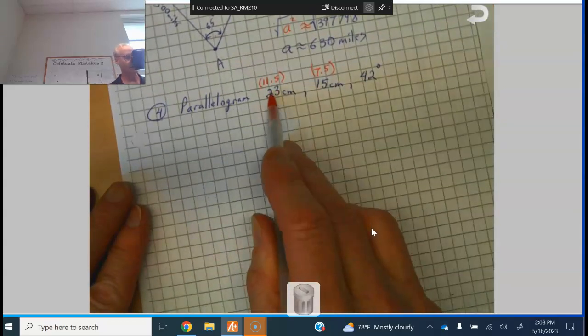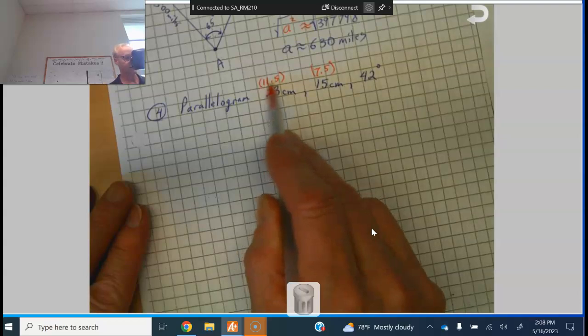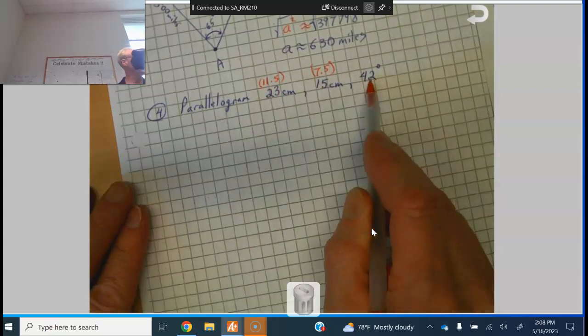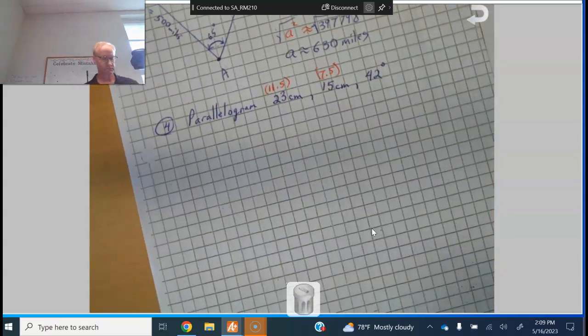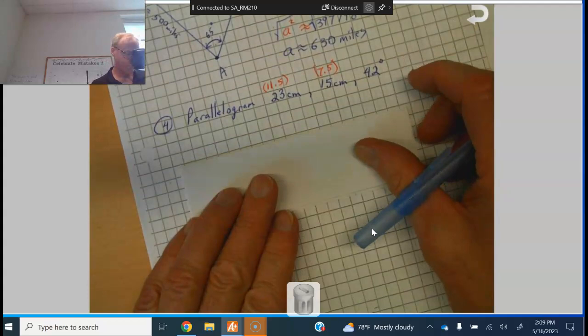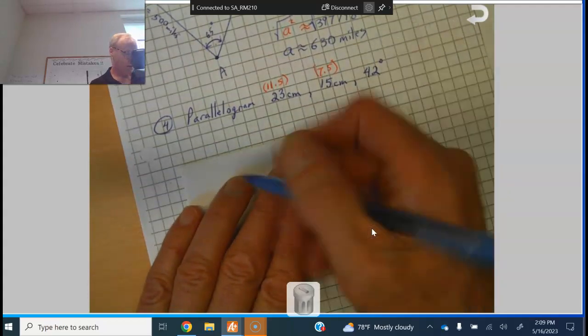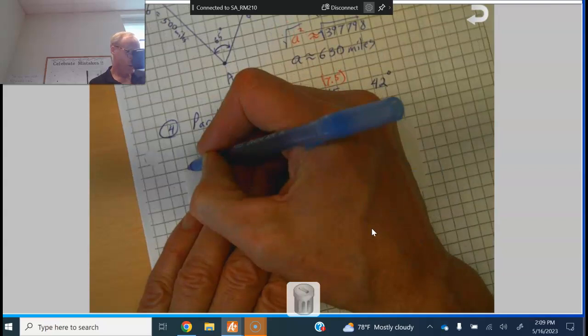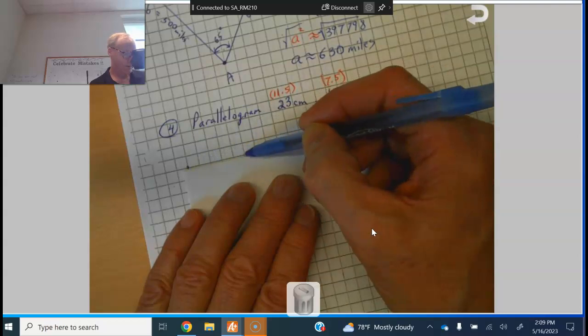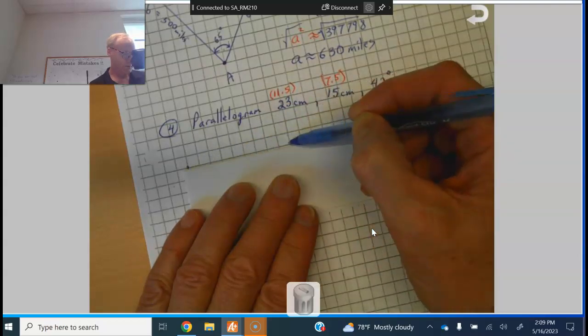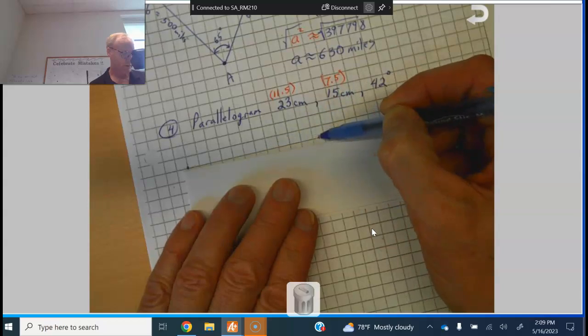Go ahead and draw a parallelogram. One of the sides is going to be 11.5. One of the angles is going to be 42 degrees. I'm going to start here. I'm going to make this 11.5. Right there.